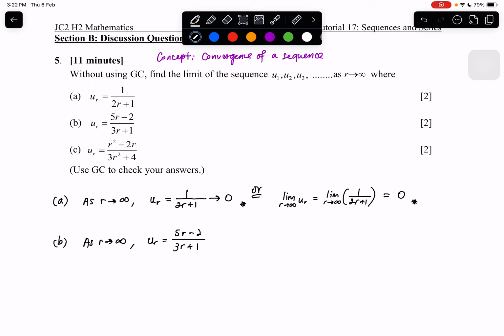So we will use a special algebraic technique. The trick is that we will divide by the highest power of the polynomial above and below. Over here, we will get 5 minus 2 over r, over 3 plus 1 over r.